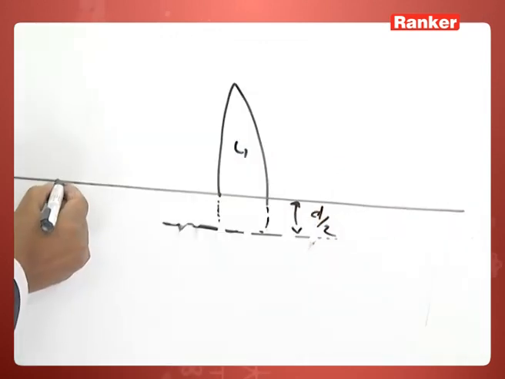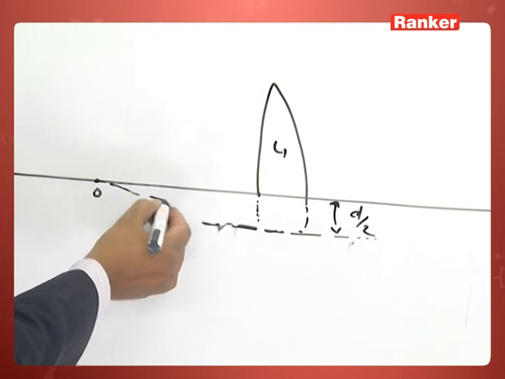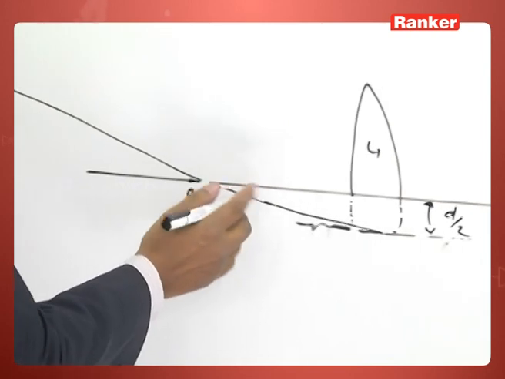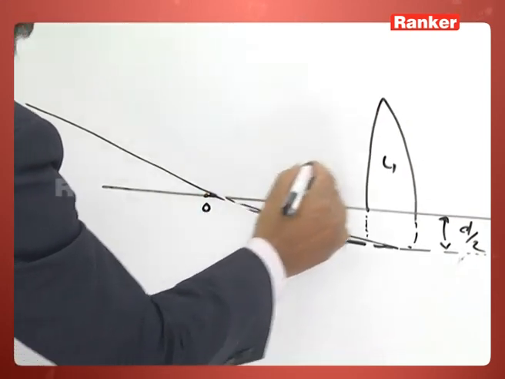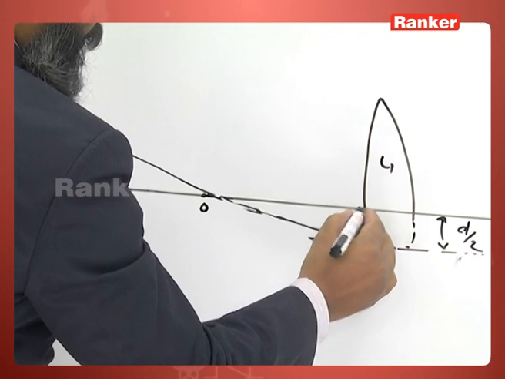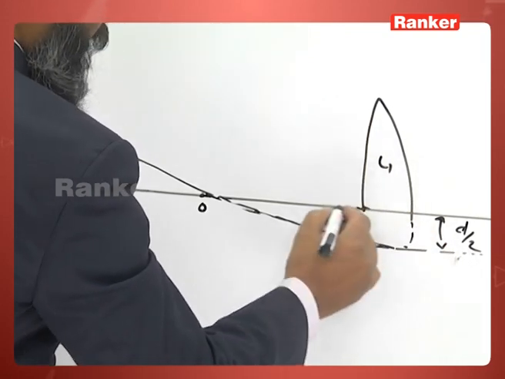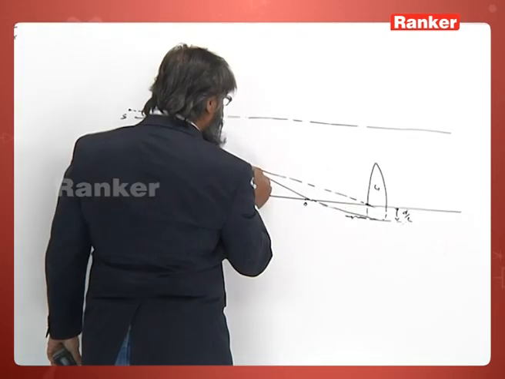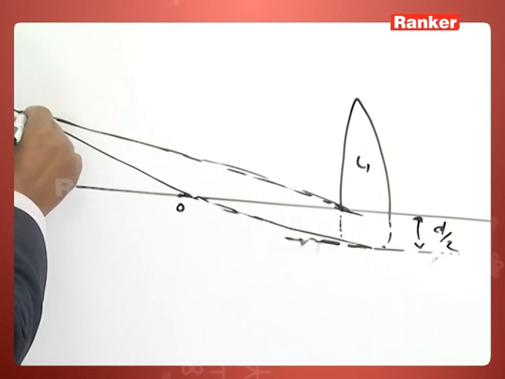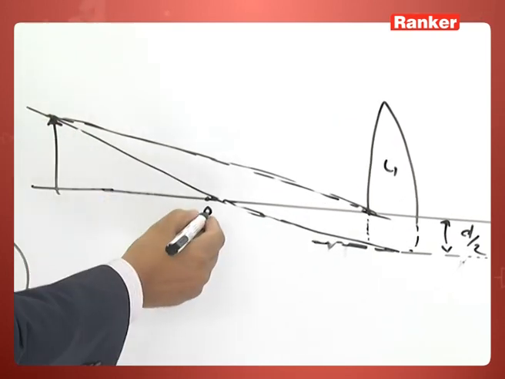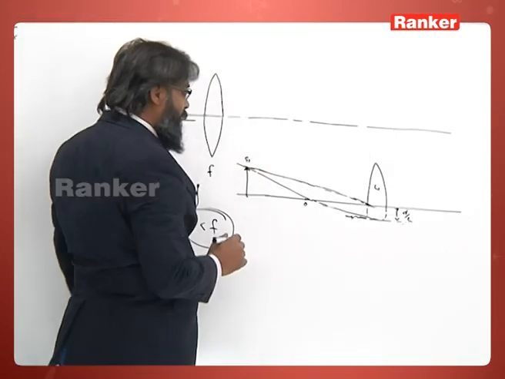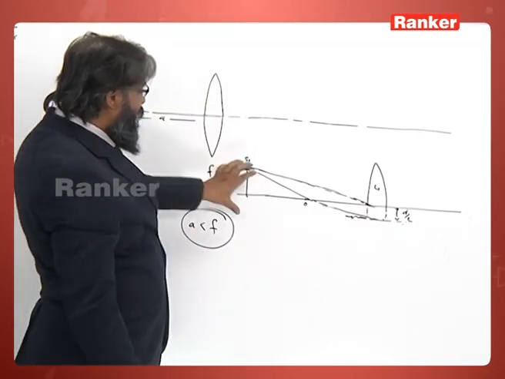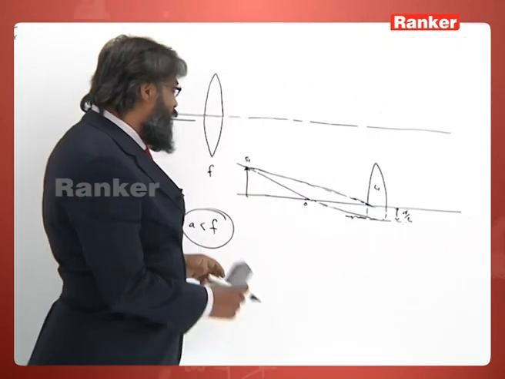Suppose I consider a ray. This is the optical axis, so it passes undeviated. And suppose this is a parallel ray, it will deviate. Any ray from here will deviate, and an image is formed here. So this will be S1. That means this source will form a virtual magnified image due to this upper portion of the lens.